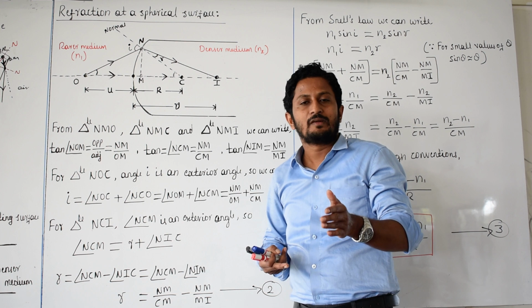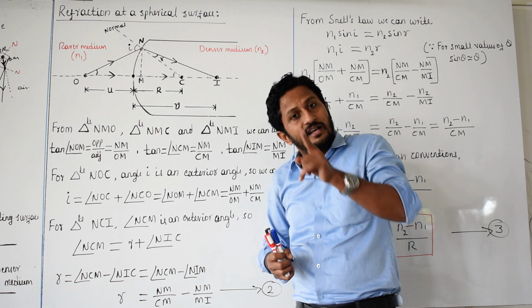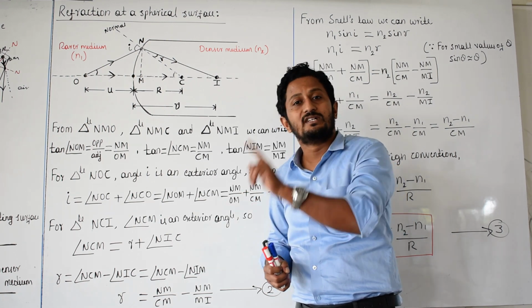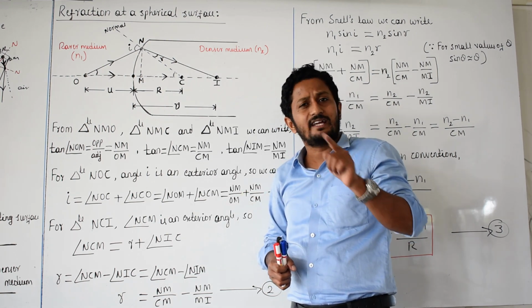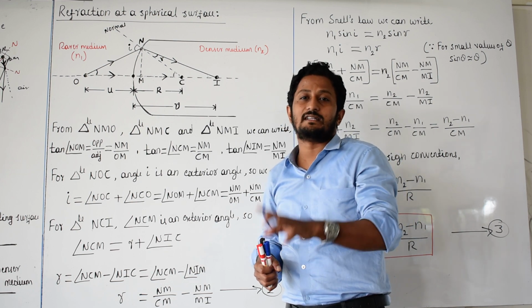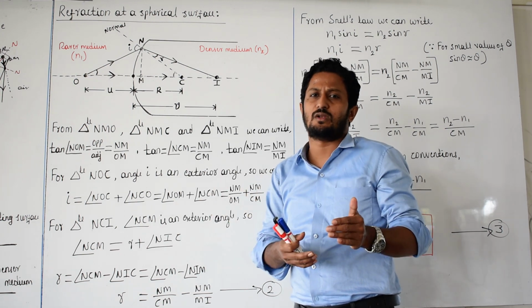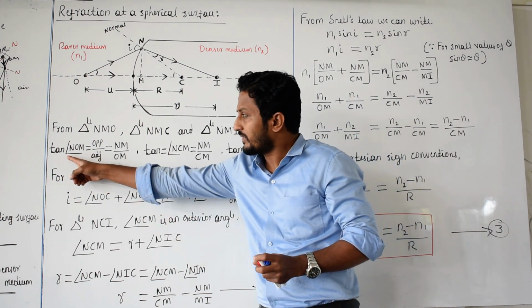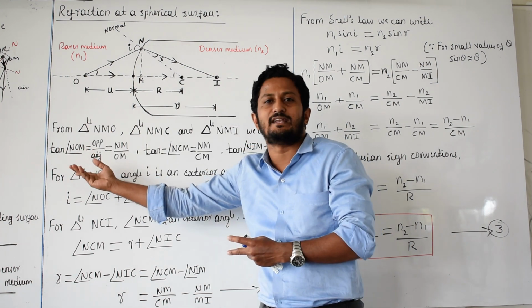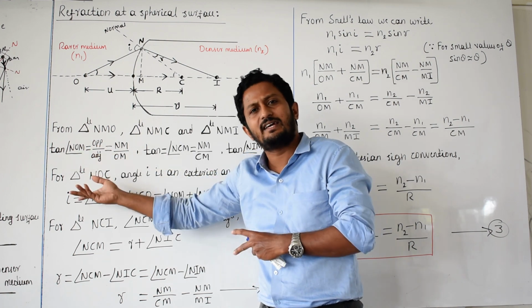That's why here we imagine the angle is small, so we treated tan of that angle as equal to the angle. Tan of NOM is equal to angle NOM.